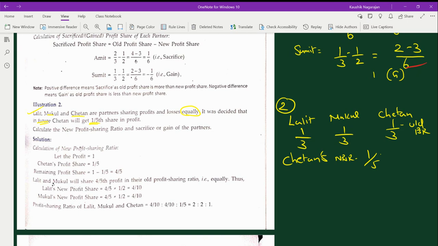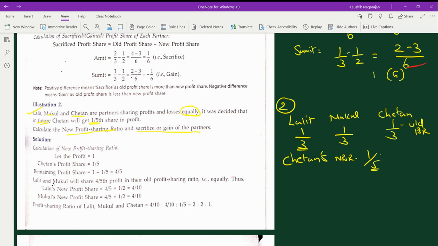Look at this. Earlier, the partners were equal partners, so they had 3 as a base. But now, the base of one partner is mentioned as 5. They're asking us to derive the new profit sharing ratio and the sacrifice or gain of the partners.